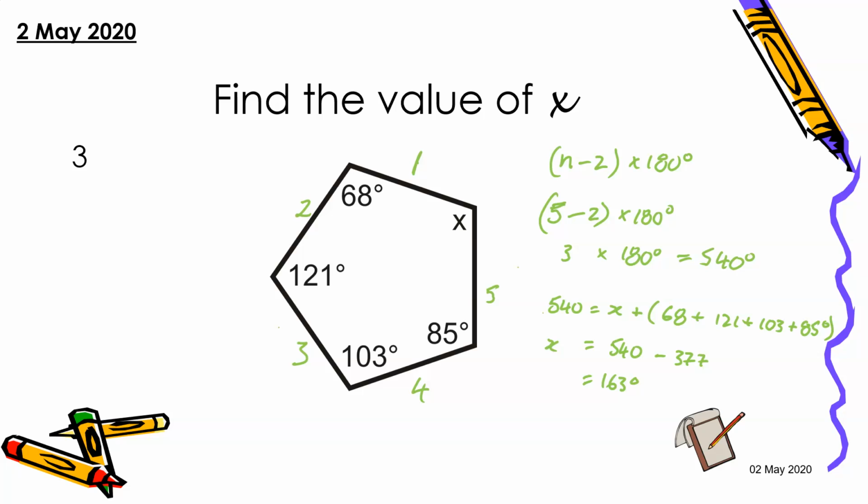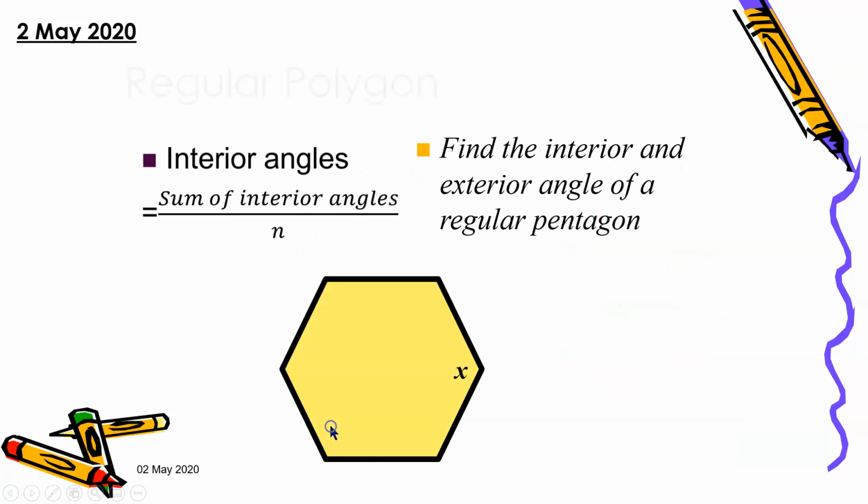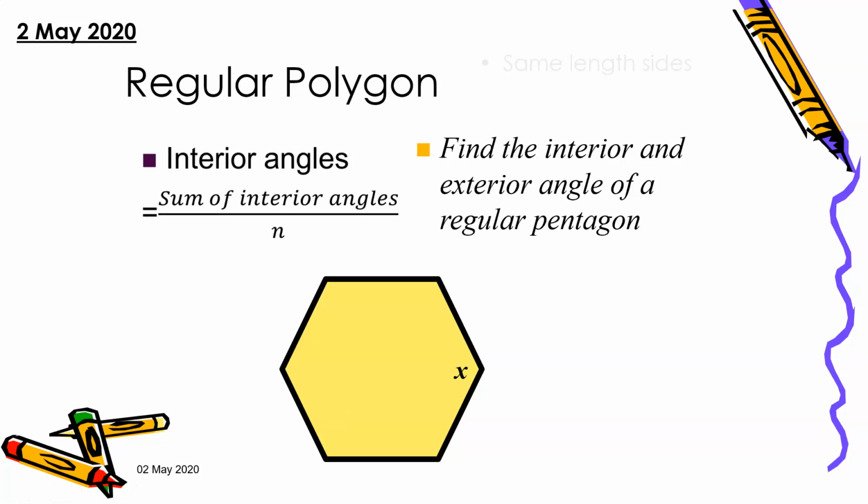Now, obviously, not all polygons are the same. We have different angles here, so the lengths of these lines would be different. But there are some instances where we have a polygon with the same angles and the same length sides, and they're called regular polygons. If we think back, our square is an example of a regular polygon, and our equilateral triangle is also an example of a regular polygon.